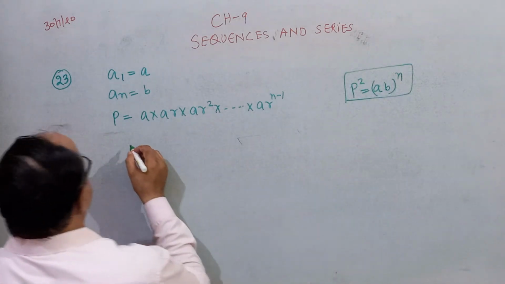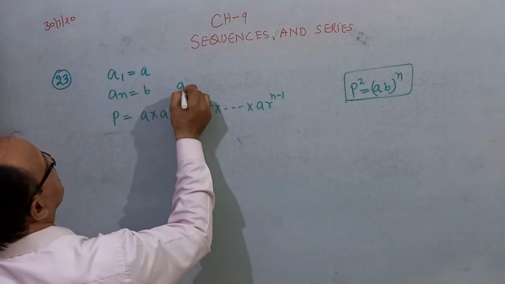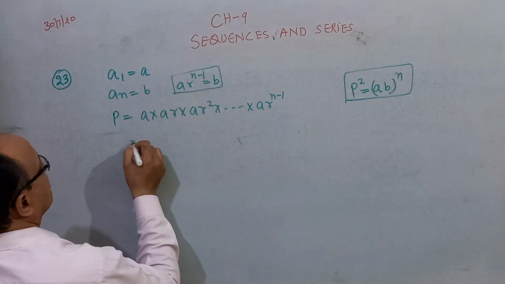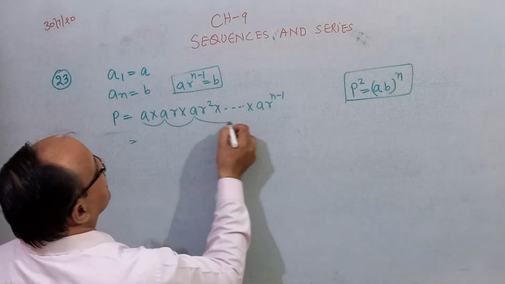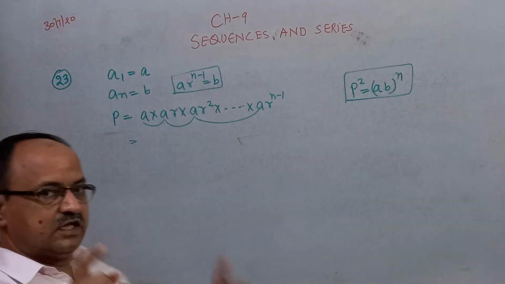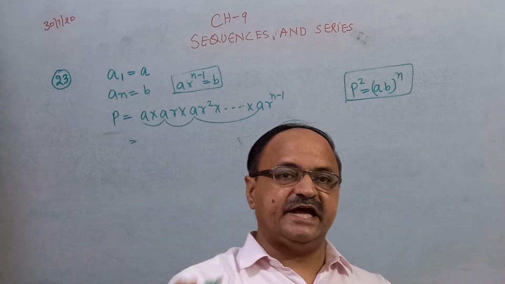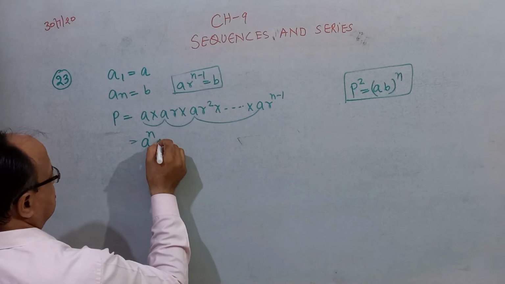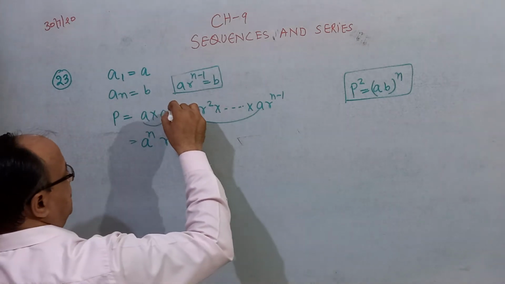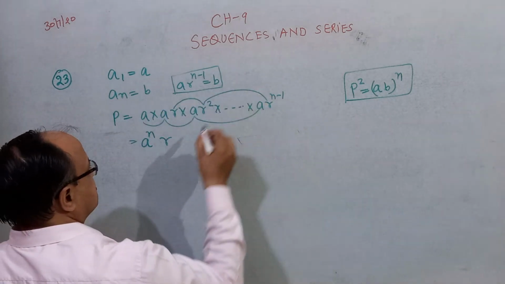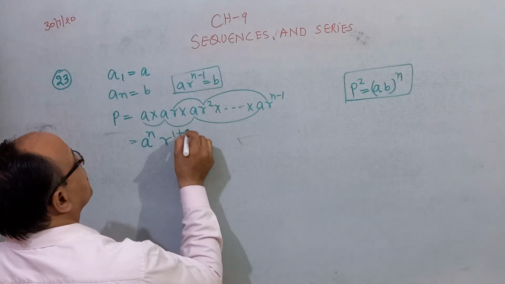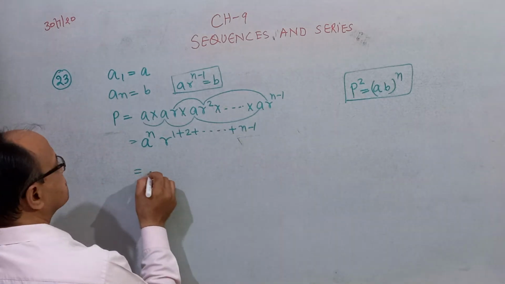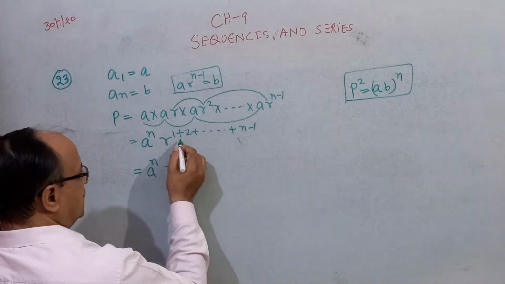Now, the nth term, you know, A R to the power n minus 1, is equal to B. Now A multiplied n times gives A to the power n. And R multiplied by R square and so on: when the base is equal, the powers add, so the exponent is 1 plus 2 plus 3 up to n minus 1.